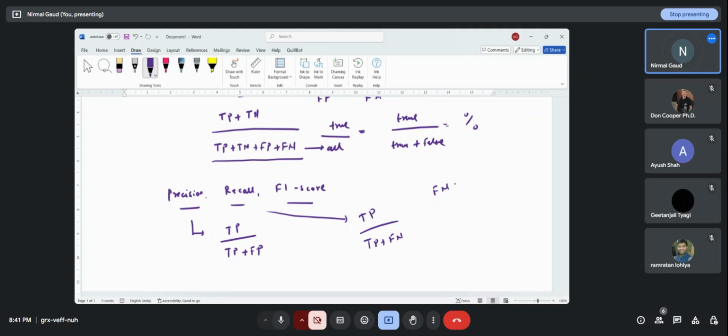That means by mistake the model marks them as negative, but it should have been positive. So in recall, here is the number of all positive terms.